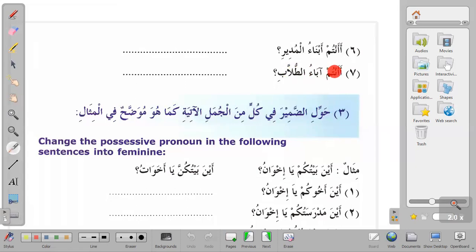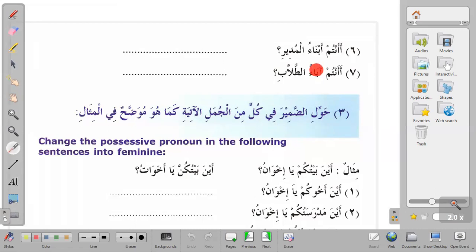Antum ummahatu tullabi. I hope that is clear. So you change this one to antunna. It seems I keep on saying antum, right? You are changing this one to antunna. So antunna ummahatu. Change this one too: aba'u, fathers.